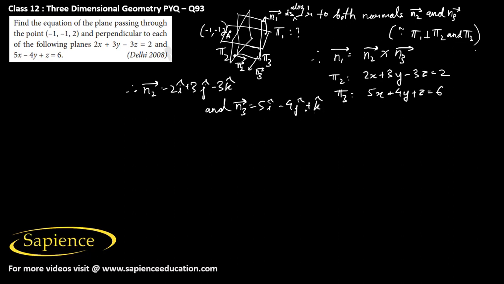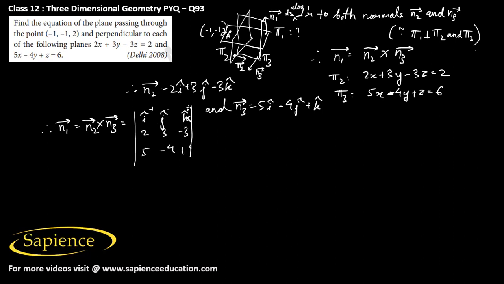So n1 vector will be n2 cross n3. So n2 cross n3 we have to do, that is equal to the determinant of i cap, j cap, k cap, and the components of n2 are 2, 3, and -3, and n3 components are 5, -4, and 1.